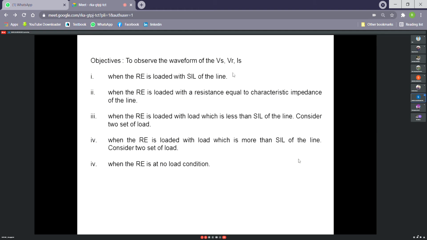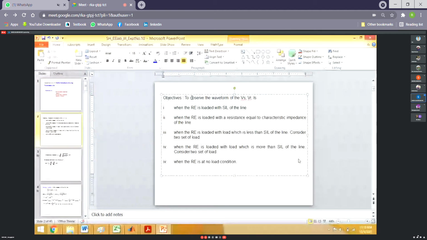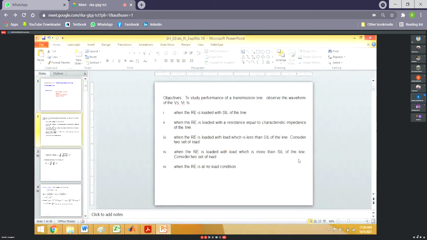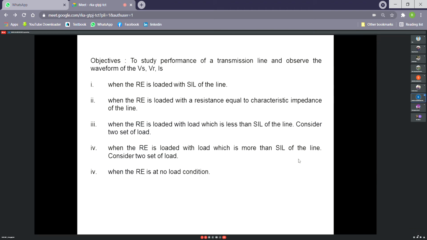Let me write that one. The objective may be to study the performance of a transmission line and observe the waveform of VR, VS, and IS.